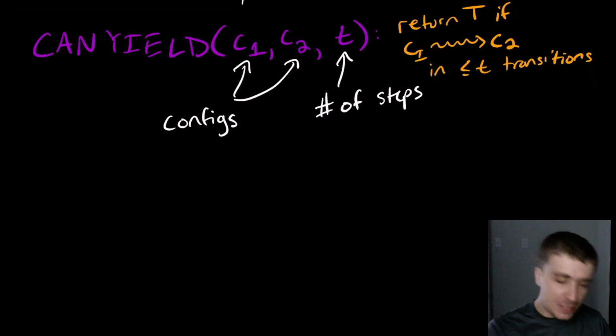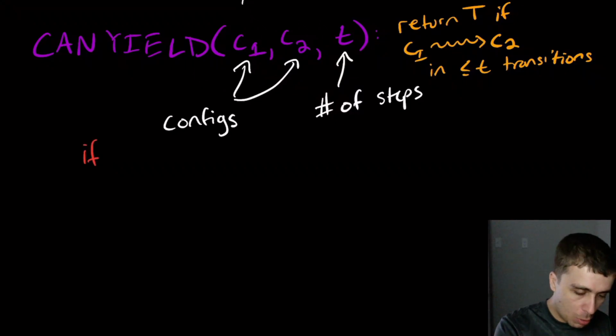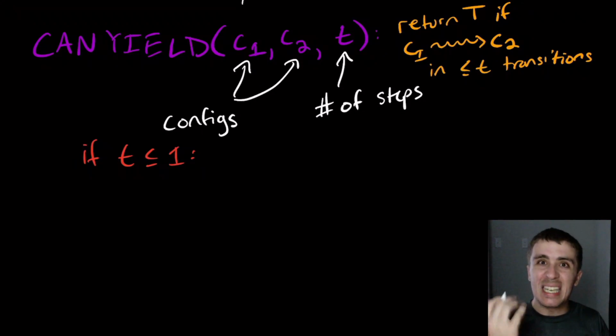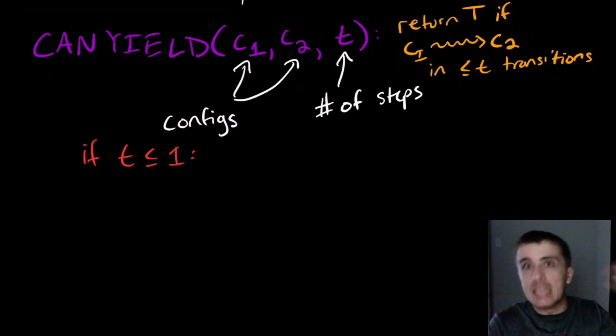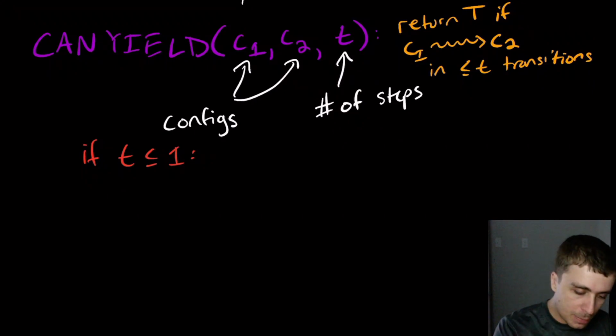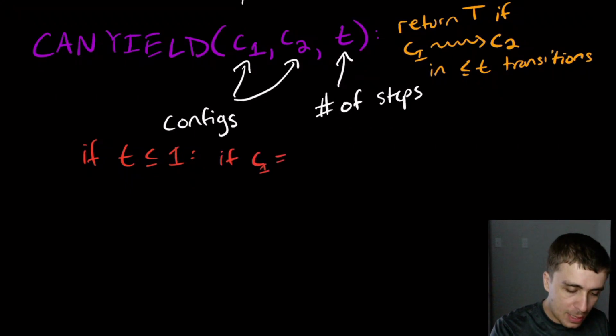So then if T is less than 1, then what we should figure out is if C1 is equal to C2, then that means we don't have to take any number of transitions at all. It's 0. So then if C1 equals C2, then we return true.